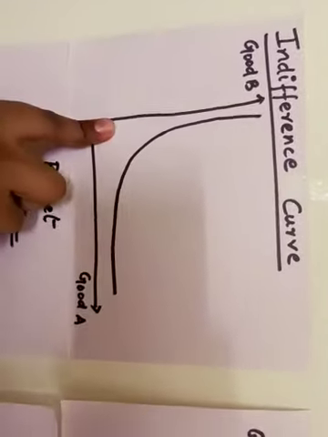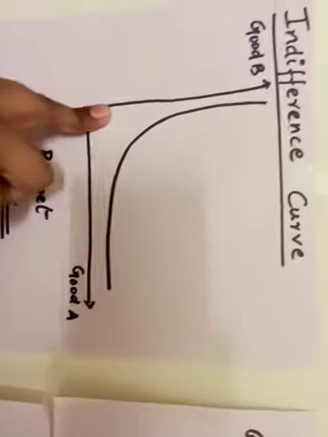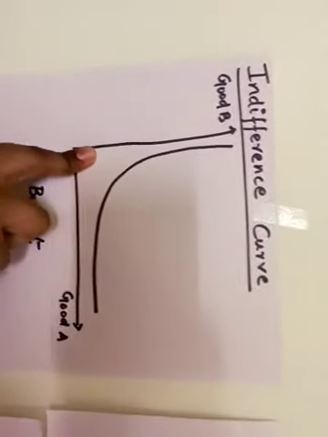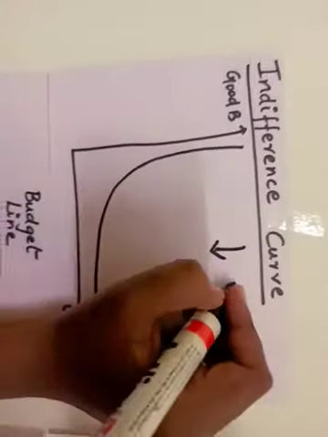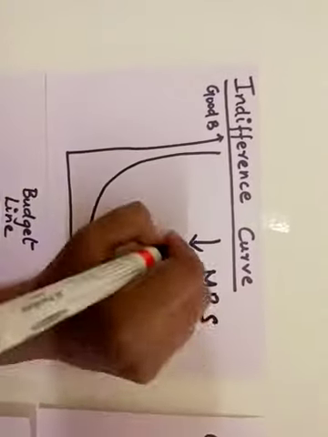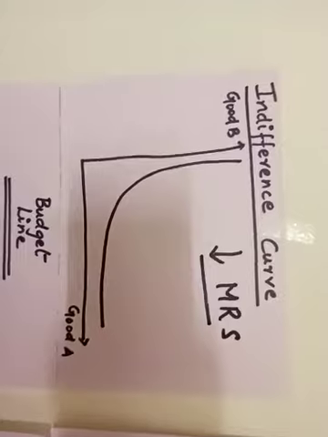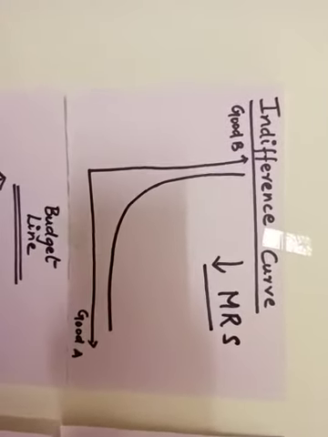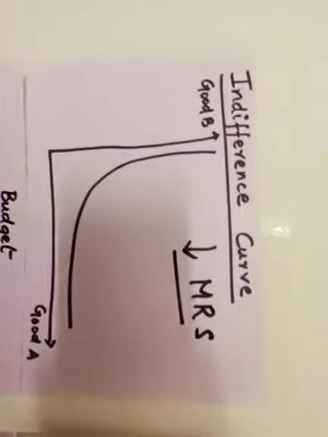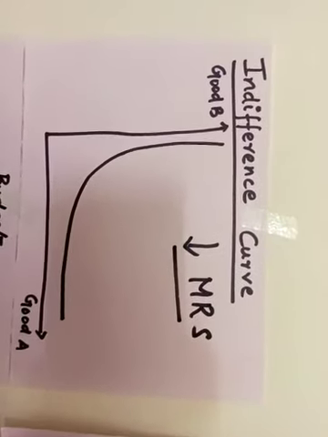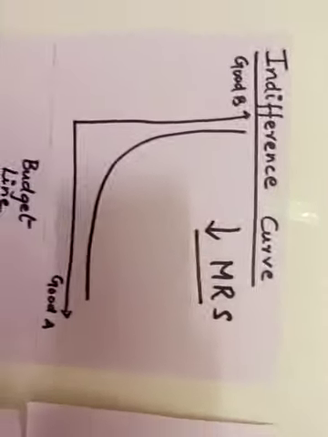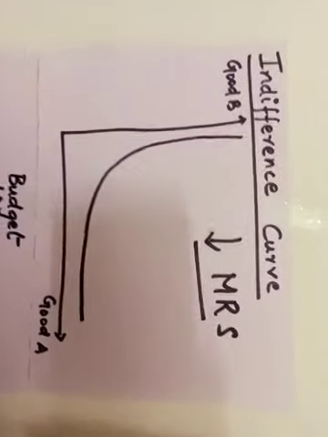It is convex to the origin because, as I explained earlier, of the decreasing marginal rate of substitution. Decreasing MRS gives the indifference curve a convex shape to the origin, and it is also downward sloping from left to right.